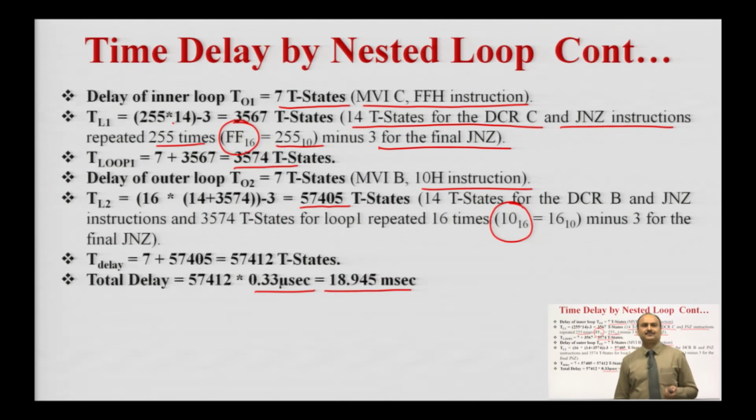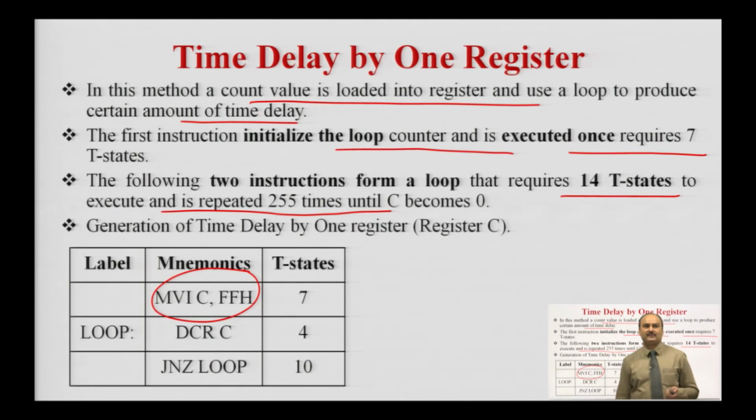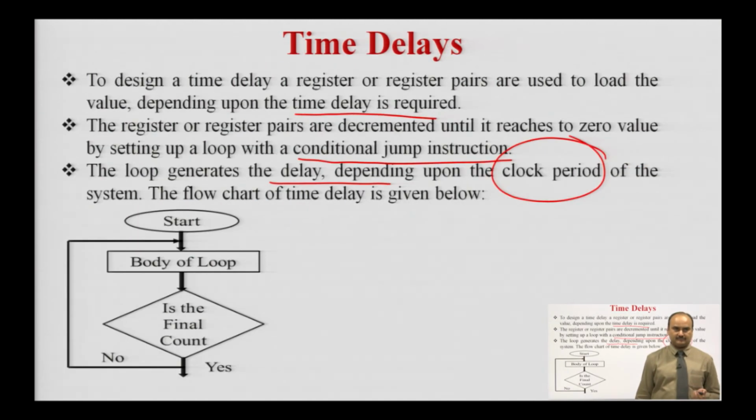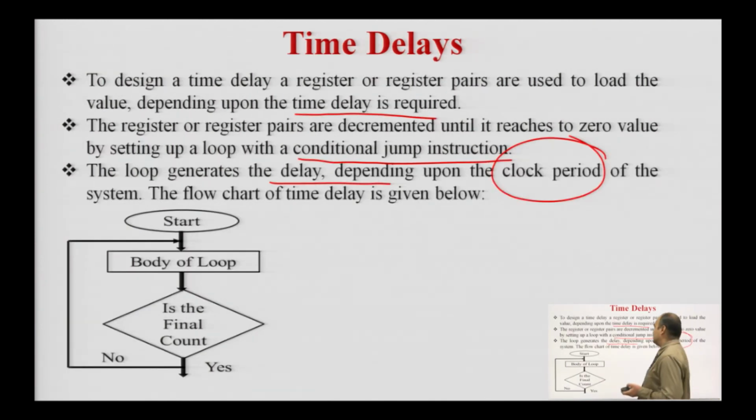So, this is an example of time delay generation. In this session we have discussed how to design a counter and how to design a delay. I am repeating these things: how do we design a counter?